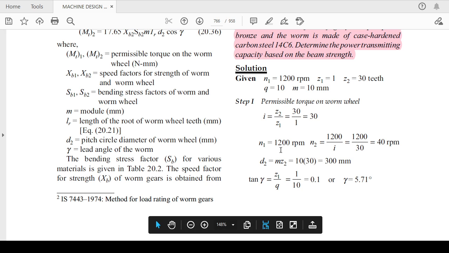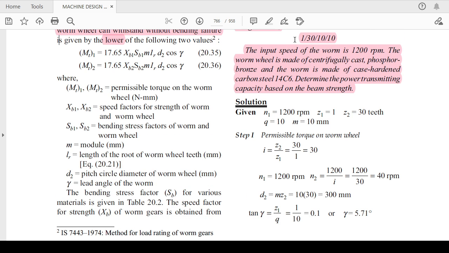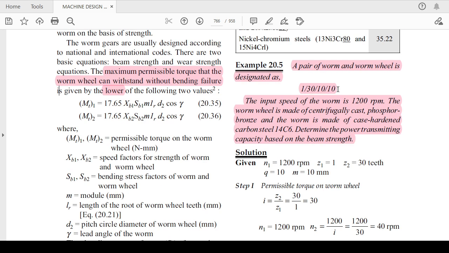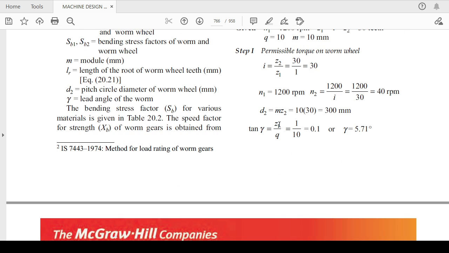Now you have to calculate the lead angle gamma with the help of tan gamma, which is Z1 by q. What is q? It is the diameter quotient, and you can get its value from this notation at this point. The values of module and q are the same, 10 and 10.